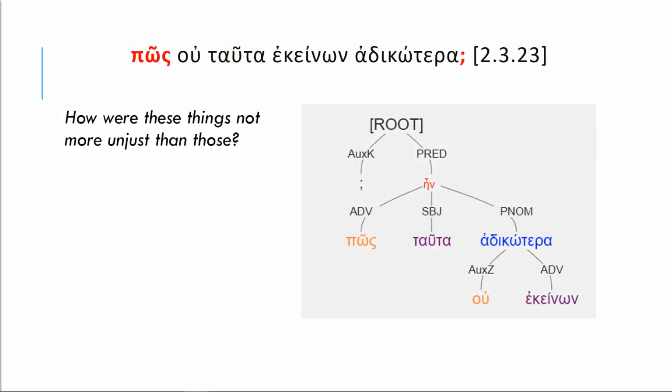So for example, how, again, it's starting a question. The question word tends to be first, the interrogative. How were these things not more unjust than those things? Genitive of comparison. So how were these things not more unjust than those things? Right? And the question word just hangs on the verb as an adverb.